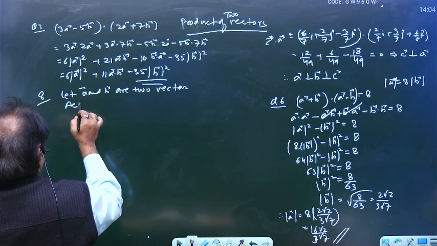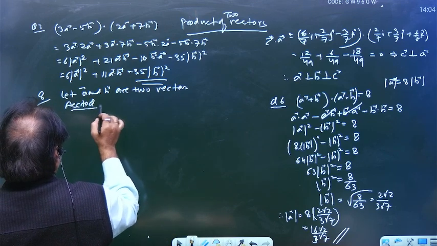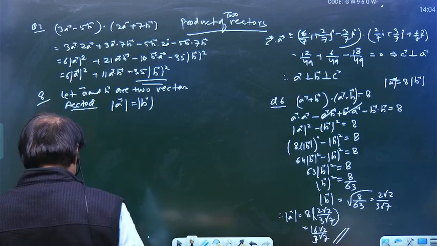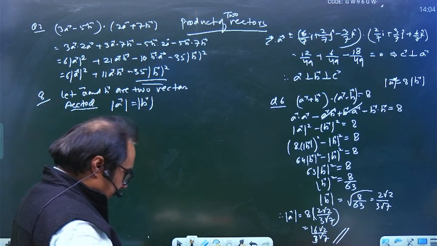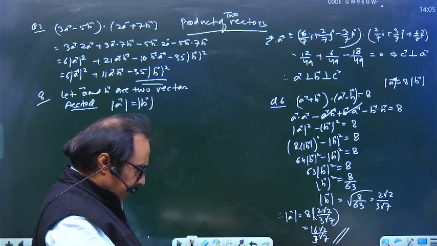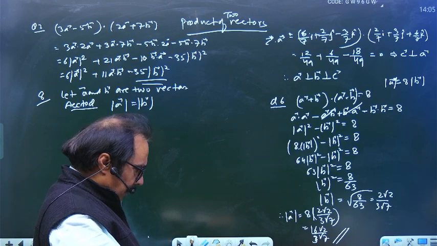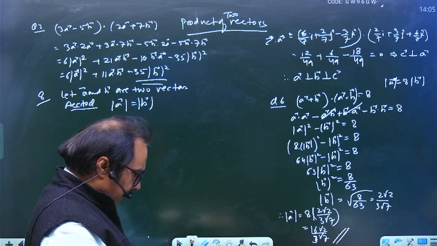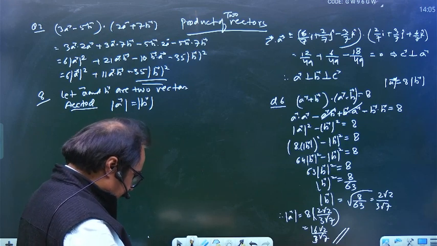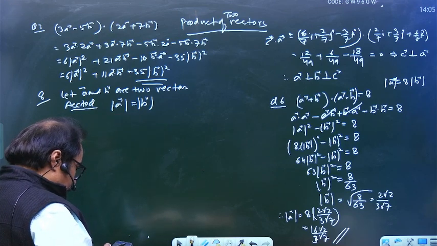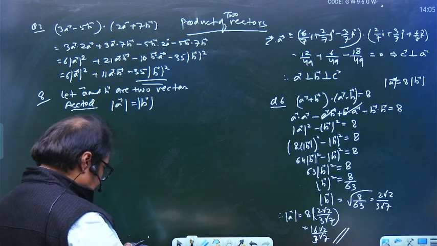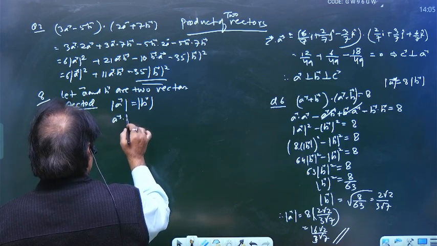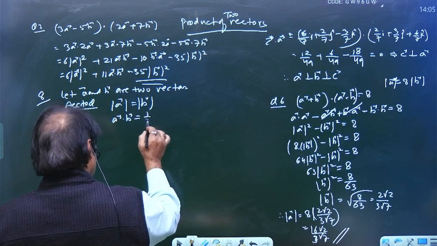According to the question, magnitude of A is equal to magnitude of B. The angle between them is 60 degrees, and their scalar product, A dot B, is given as 1 by 2.